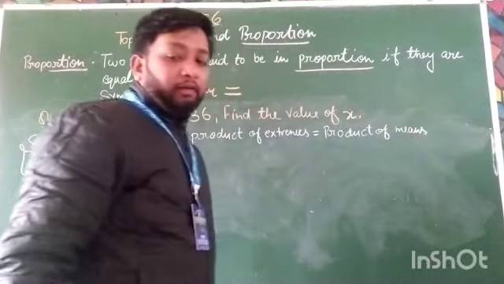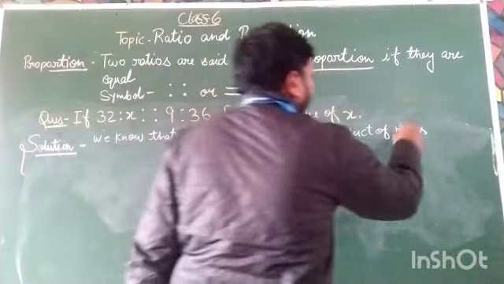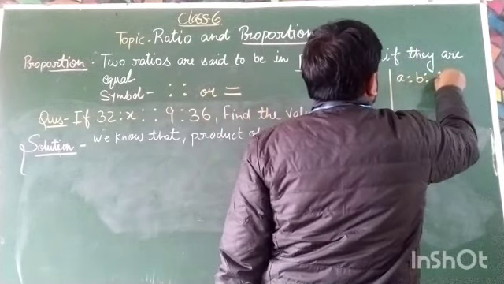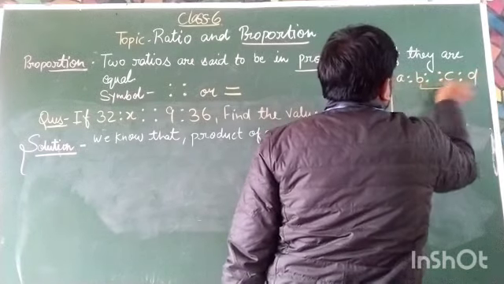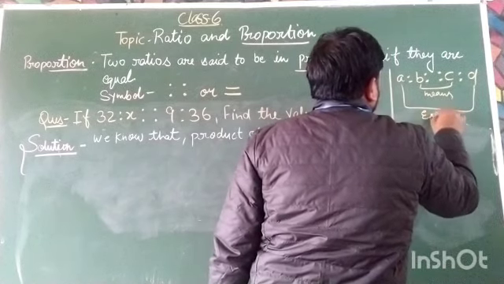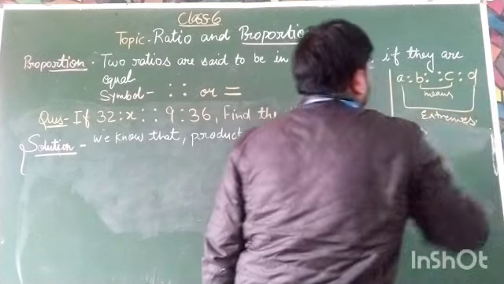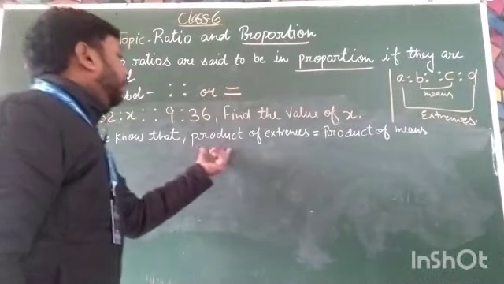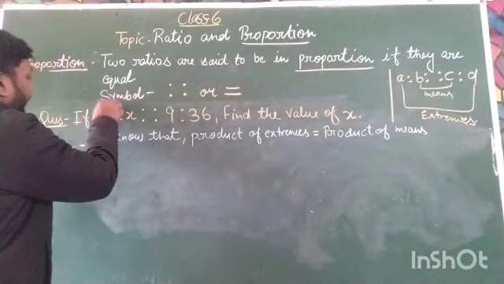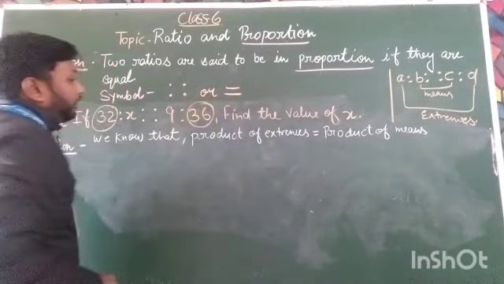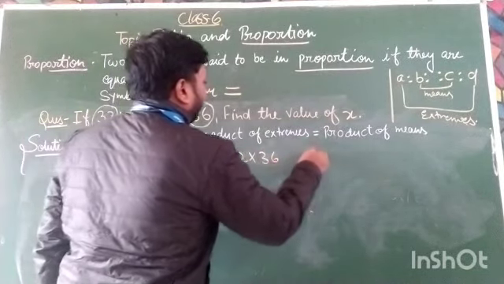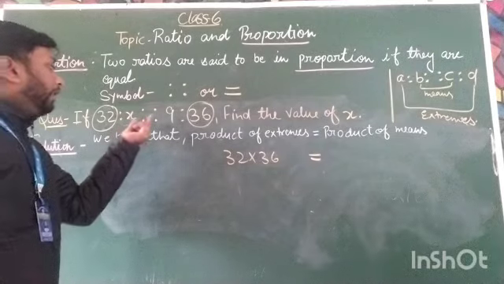And what are the means and what are the extremes? If there is a proportionality A ratio B proportional to C ratio D, then these two are the means and these two are the extremes. Here the extremes are 32 and 36. So we multiply both: 32 multiplied by 36 will be equal to the means, which are x and 9.